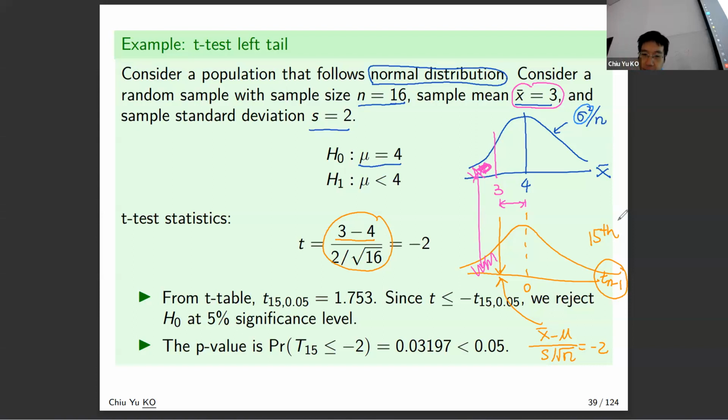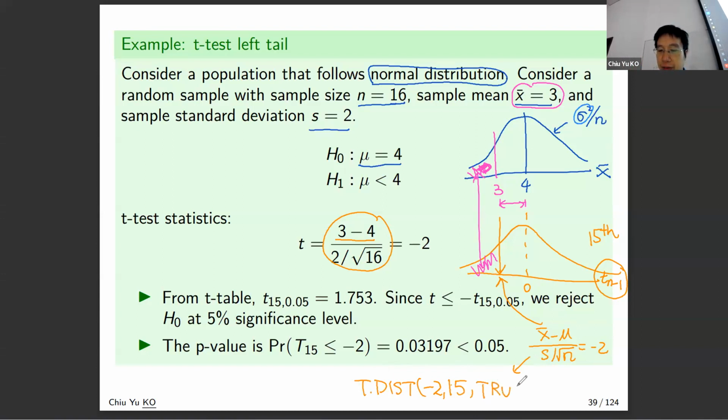And how do we calculate the p-value here? We have -2, then just t. To find the area, you tell them t has many tables, so check the 15th one and look up the area.